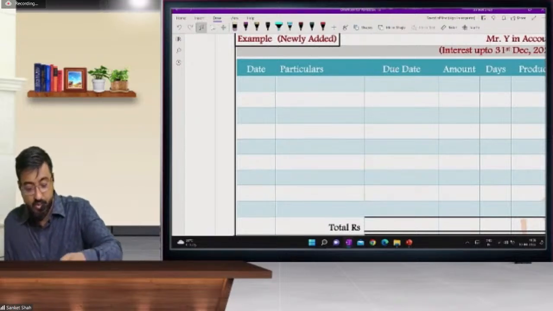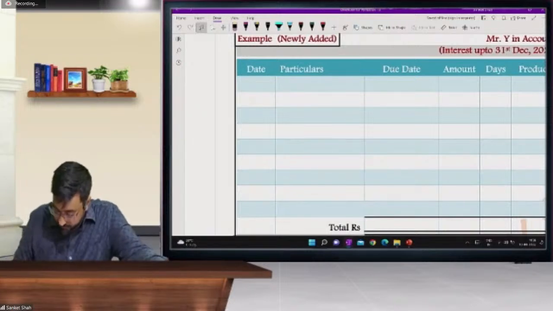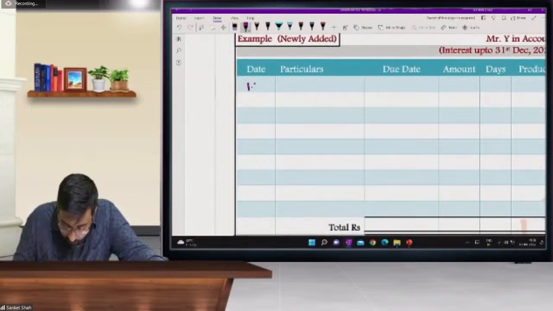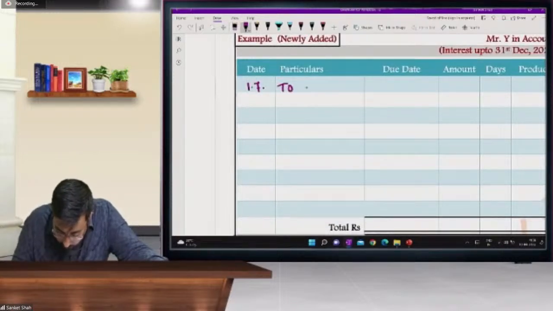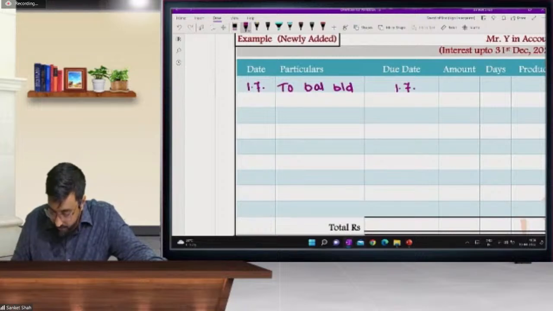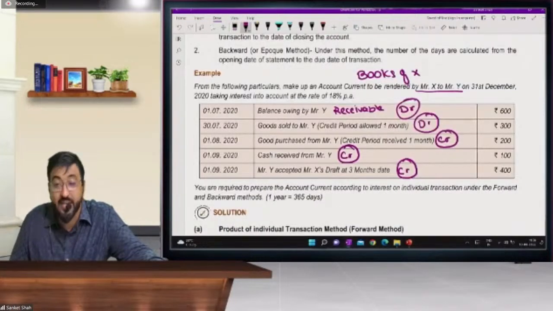Let's understand, now we are going to solve this. 1st July, to balance brought down. Beta, due date will be the same, that is 1st July. First, we will post all these entries. Don't calculate anything. First, we are going to post it.